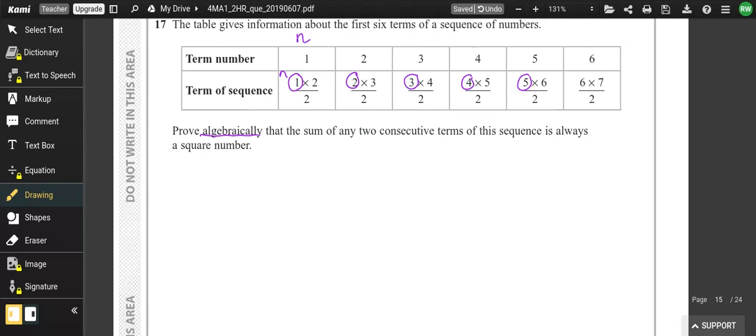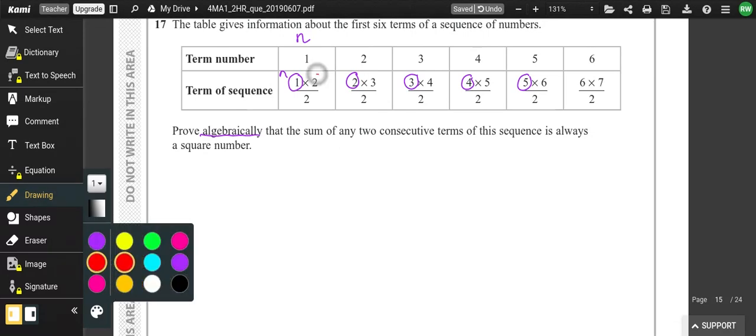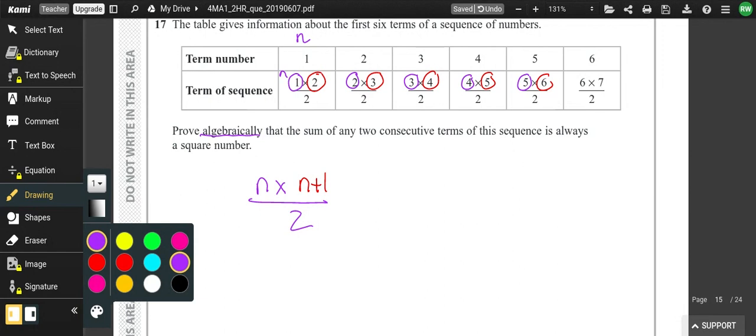And then this number is always 1 bigger than n. So for the first number that we have, it's always going to be n times n plus 1 over 2. That will always be the first term.